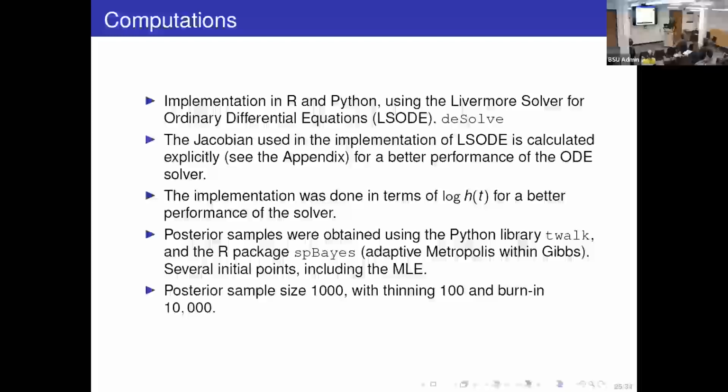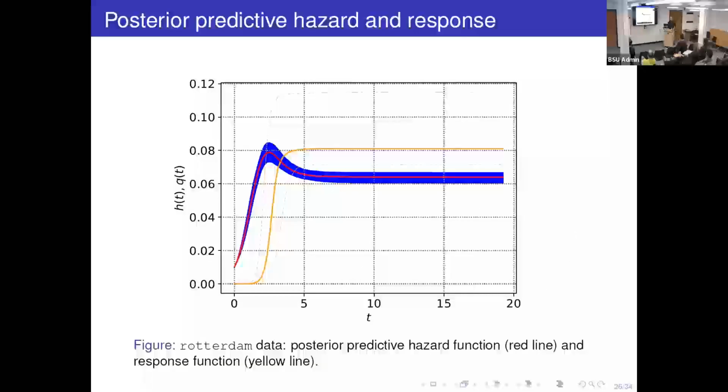We obtained a posterior sample of, say, 10,000 with a thinning of 100 and a burn-in period of 10,000, simply to show that we can actually run the sampler for long periods. And this is what we obtained. The red line represents the predictive hazard function. As you can see, it was going up, and then at some point it was pulled down, and it looks like it has stabilized.